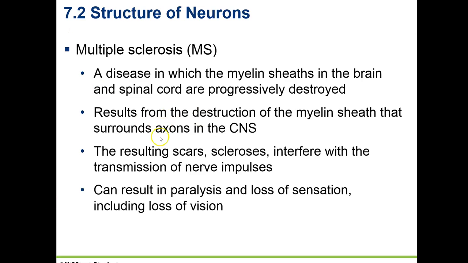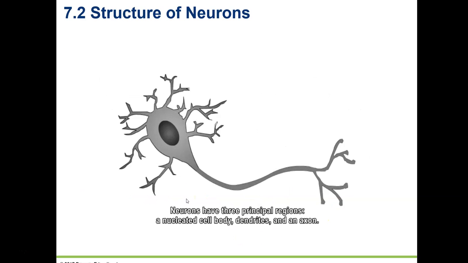When it starts breaking, the resulting scars interfere with the transmission of the nerve impulses, like the message. Message cannot travel faster. So as it progresses, the person can be bound to a wheelchair, and sometimes it affects the vision also.